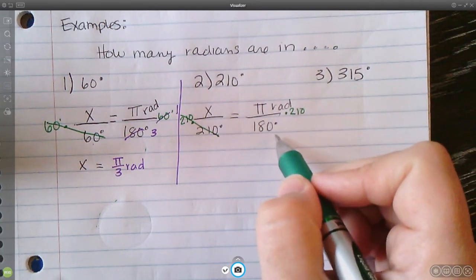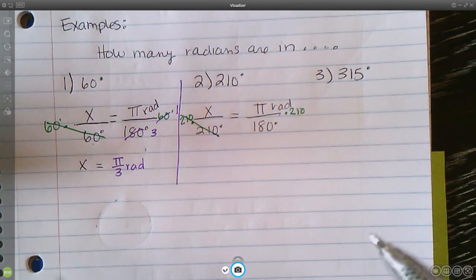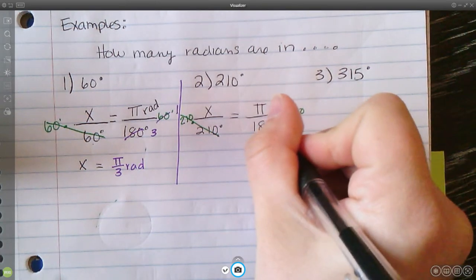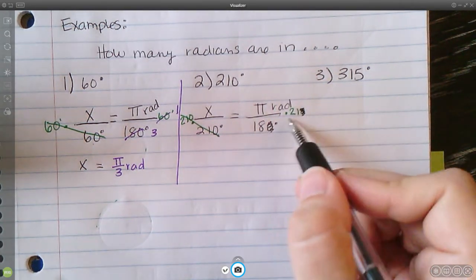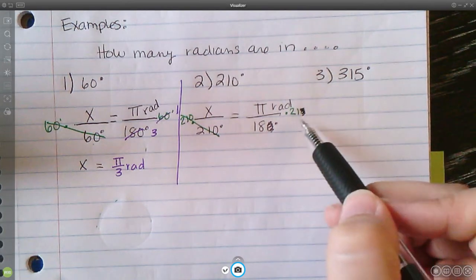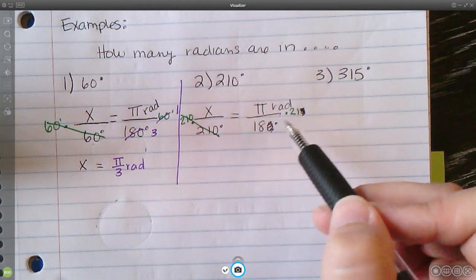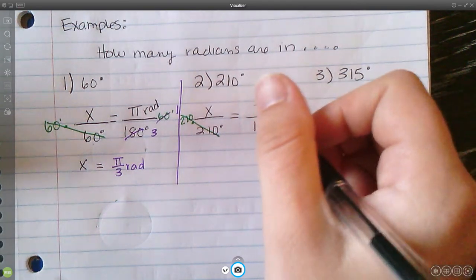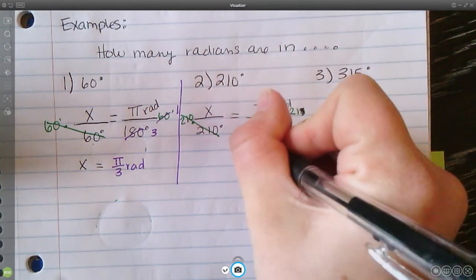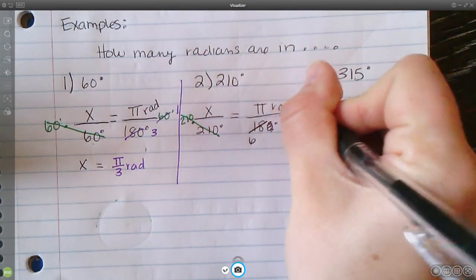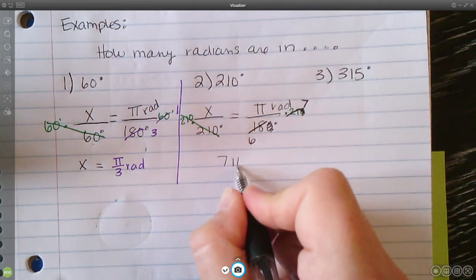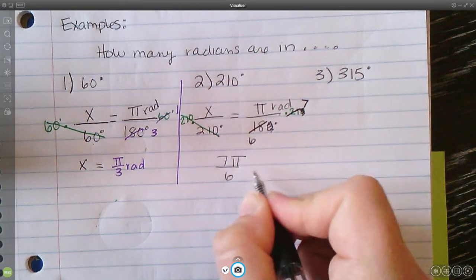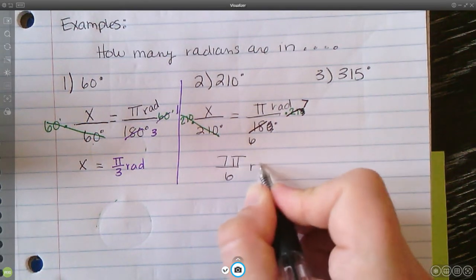I can cross out the zeros. If I divide them both by 10, you end up with 21 over 18. Divide both of these by 3, and I get 7 over 6. So this turns into a 6. This turns into a 7. So I am left with 7 pi over 6 radians.